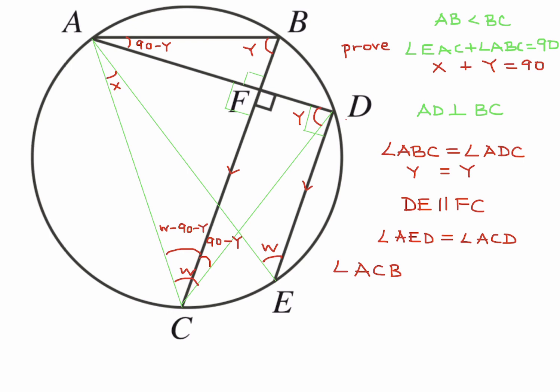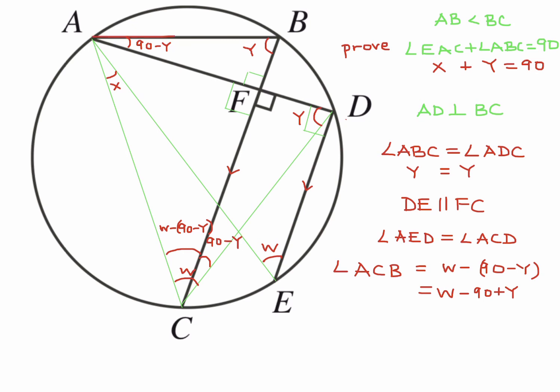And just make sure you put the 90 minus Y in brackets. So it's W minus (90 minus Y), and that is W minus 90 plus Y once you take it out of the brackets. All right? Now, finally, the sum of the angles of any triangle is 180.